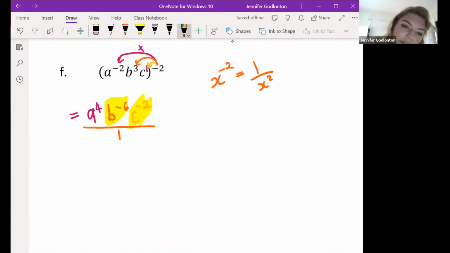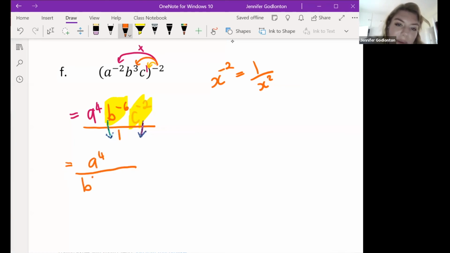Because those two both have negatives, we need to move them down there so that they become positive. So we keep our a to the power of 4 at the top, and down at the bottom we have b to the power of 6, c to the power of 2. They become positive because they have moved down into our denominator.